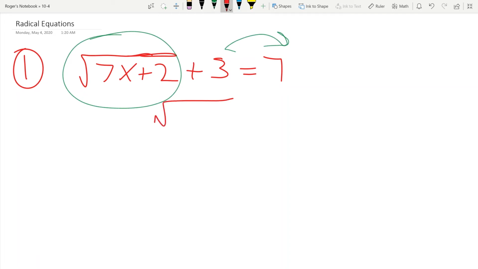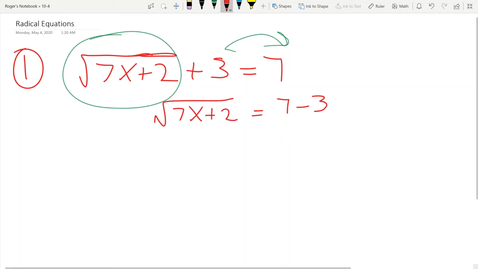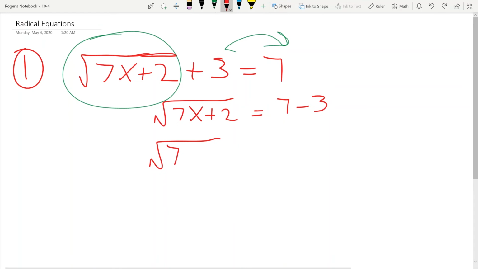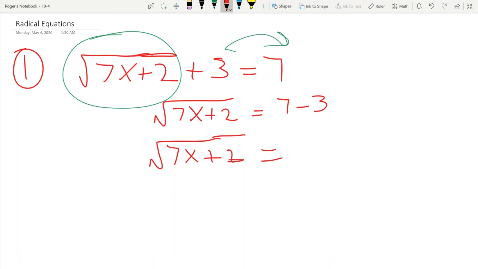We get the square root of 7x plus 2 is equal to 7 minus 3, or the square root of 7x plus 2 is equal to 4. Okay. Square root of 7x plus 2 is equal to 4.